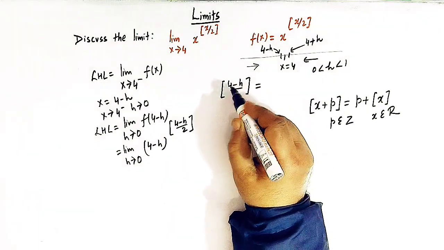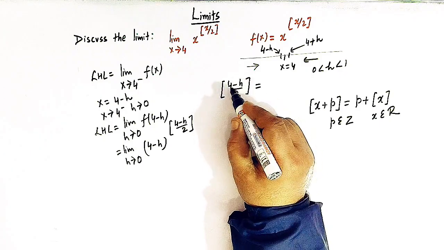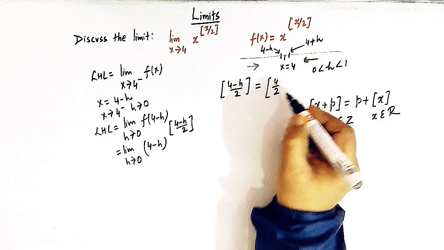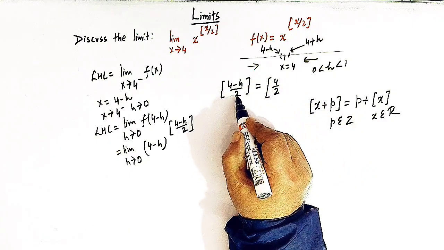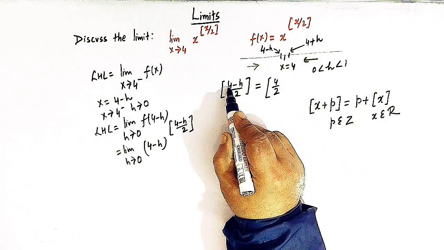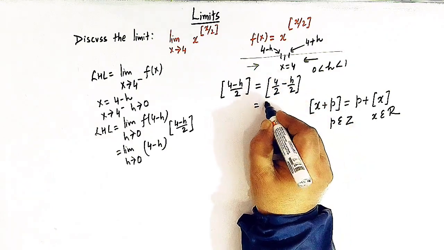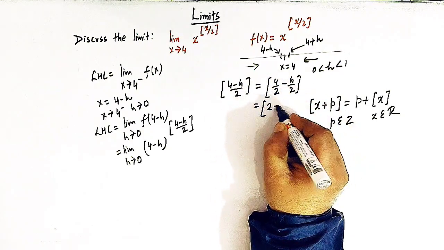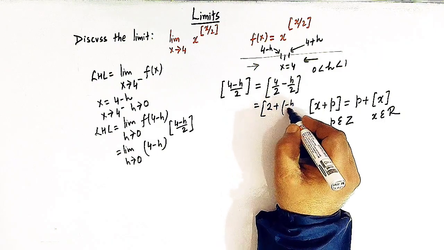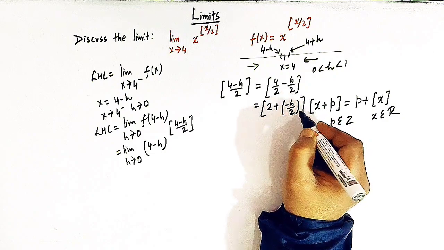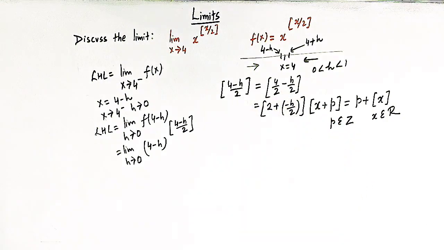So now we can write greatest integer of (4 minus h) over 2, distributing this 2 over 4 and h. Here we have minus h over 2, and now we have 2 plus, and now we can write bracket minus h over 2, and here we have the greatest integer function, right?